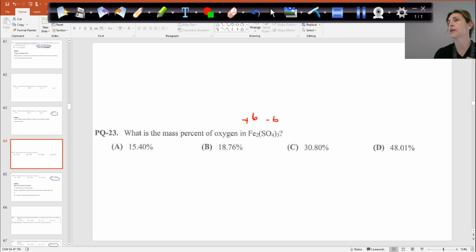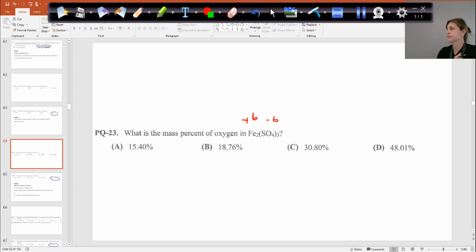Which means each iron has to be +3. But that's not the question. This was just incidentally, since I had to call it something. So what is the mass percent of oxygen in iron 3 sulfate? So we skipped some of the questions that were naming. I figured it was worthwhile.